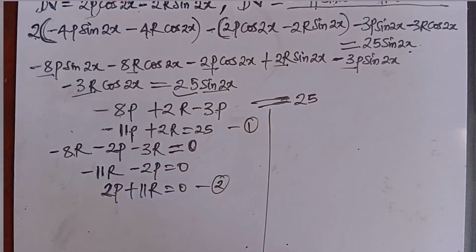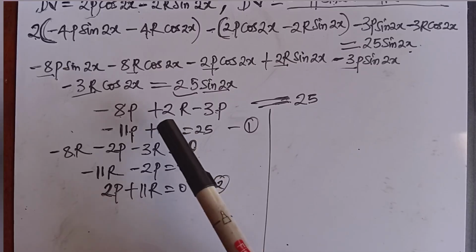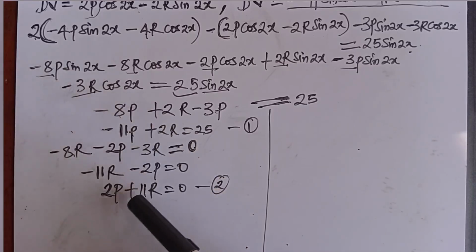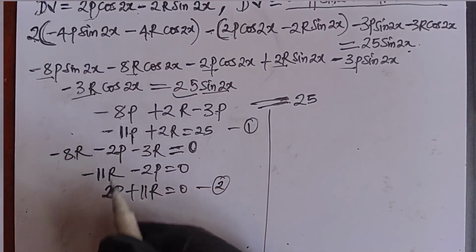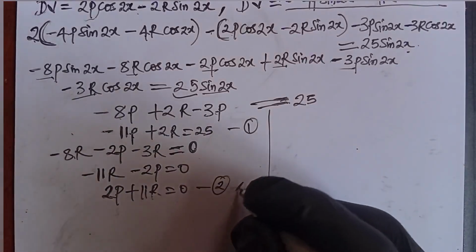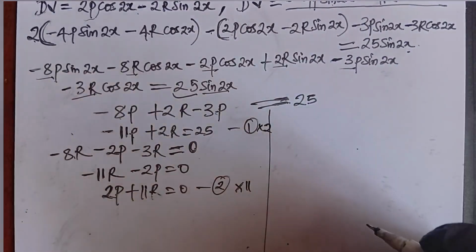To solve for p and r by method of elimination, I want to solve the two simultaneous equations for p and for r. p has a coefficient of minus 11 here and 2 here, and r has 2 here and 11 here. Let's eliminate p, for example. To eliminate p, multiply this one by 11, multiply this one by 2. You get it?